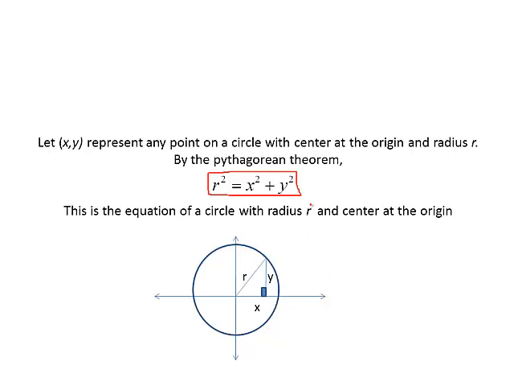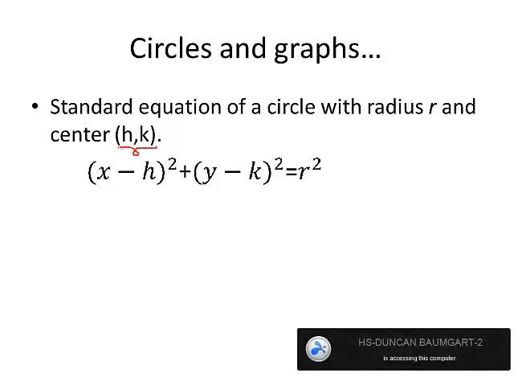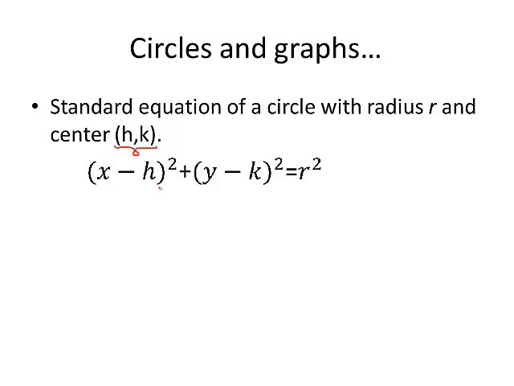So this is an important concept for the next slide, because that gives us the standard form of a circle. Here's the standard equation of a circle with radius r and center (h, k). The thing I tell people: in terms of your center, you read it off, and it's always the opposite of whatever the sign of h and k is.